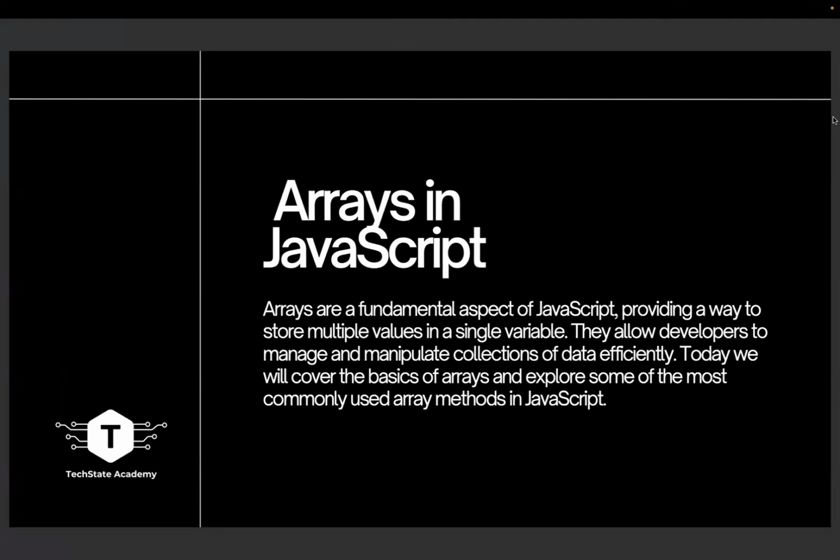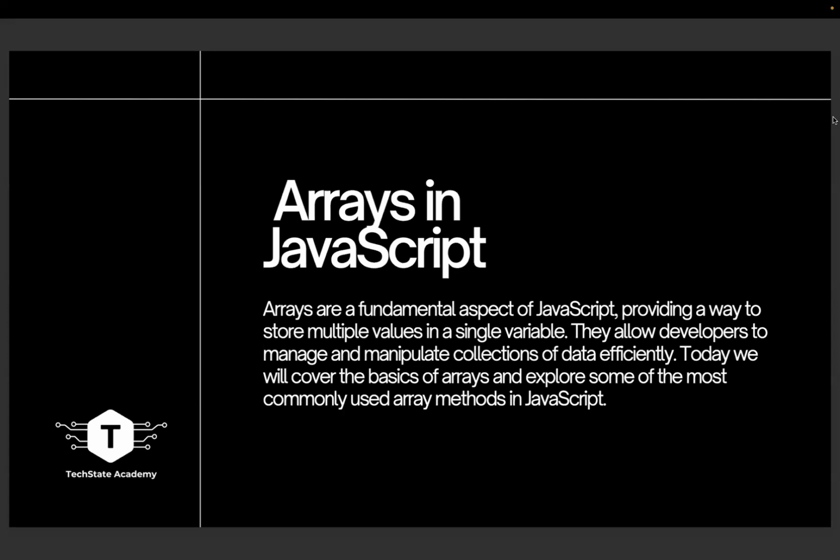So we're going to talk about arrays. They are a fundamental aspect of JavaScript, and not only JavaScript but any programming language. An array provides a way to store multiple values in a single variable, meaning it's a storage where we can store more than one value. Arrays allow developers to manage and manipulate collections of data efficiently, meaning a list of elements that you can loop through, update if needed, and add or remove items from.